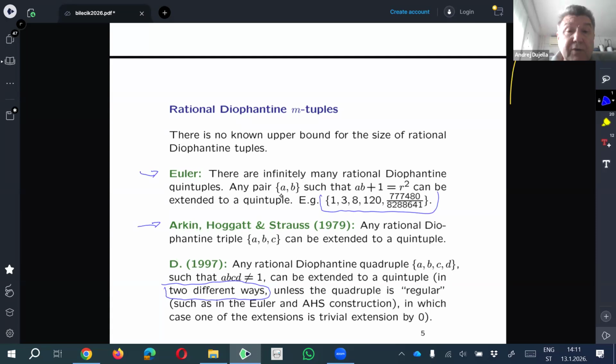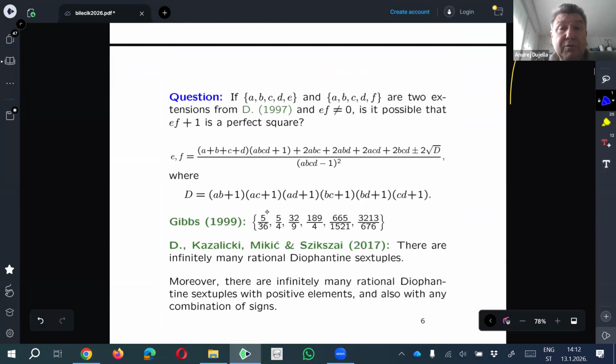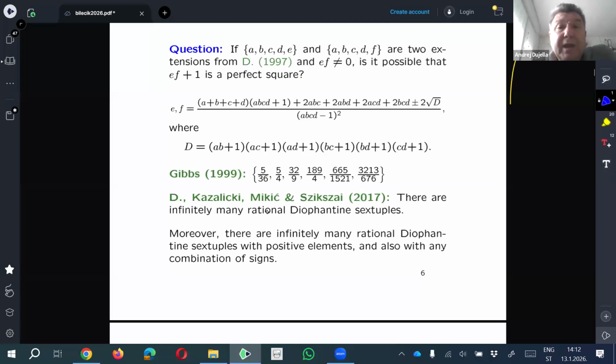So if we have two different extensions of a quadruple to a quintuple, and we put these two extensions together, then we may hope that we can get a sextuple, because only one condition is missing. You have two quintuples containing the same quadruple, and the only missing condition is that if we multiply these two extensions together and increase by 1, we should get a perfect square.